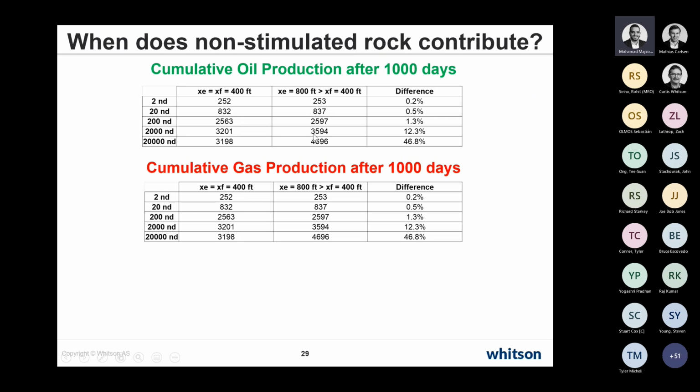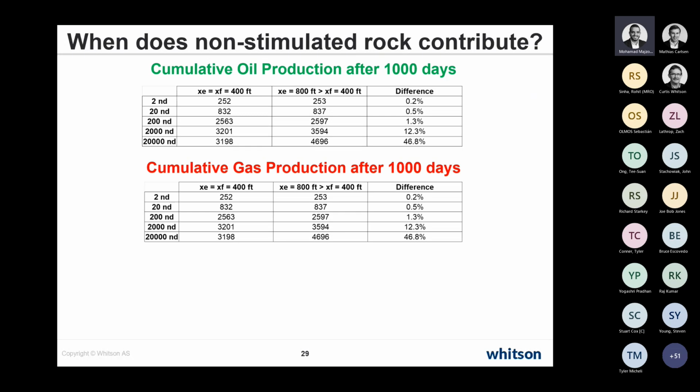The second column is if you add a volume beyond the fracture tip, which is equivalent to the fracture length. So instead of a 400 feet fracture with no extra volume, you have a 400 feet fracture and an 800 feet reservoir half length. The difference in cumulative production at 1,000 days increases with the higher permeability, which is expected. The higher the permeability, the more that volume will contribute.